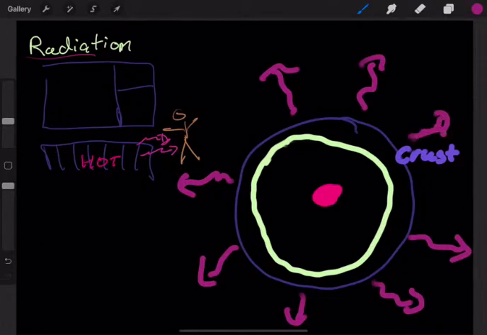It's just moving away, not touching anything, just moving into space and getting lost.